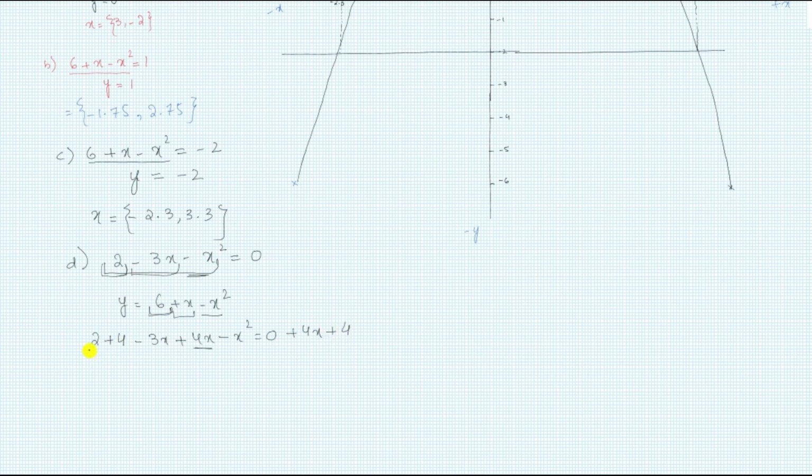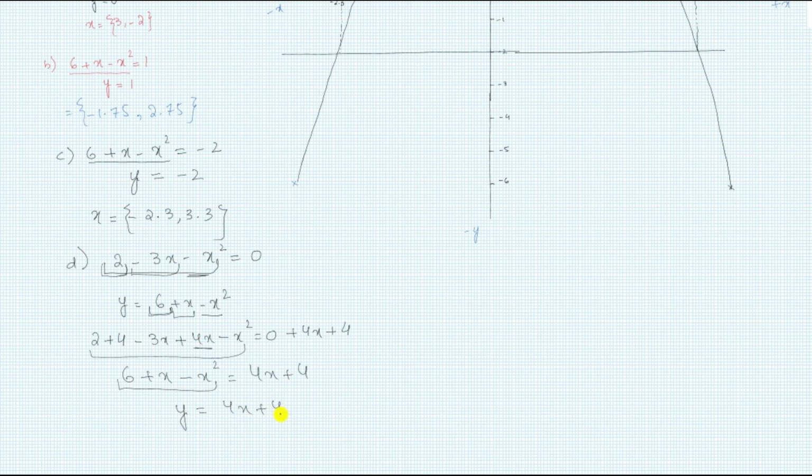Now if we simplify this part, it will be 6 plus x minus x squared is equal to 4x plus 4. Now we can say that this is equal to y. So y is equal to 4x plus 4.